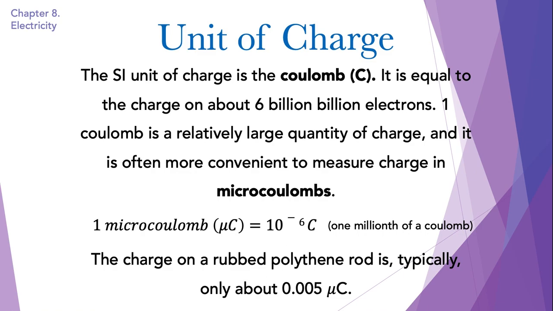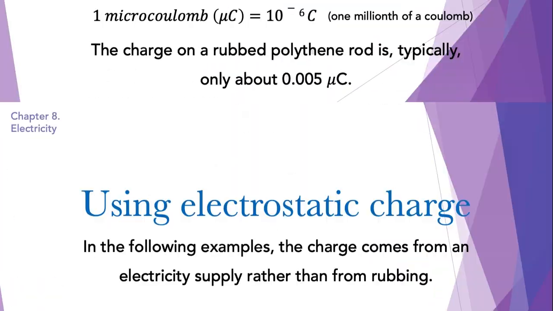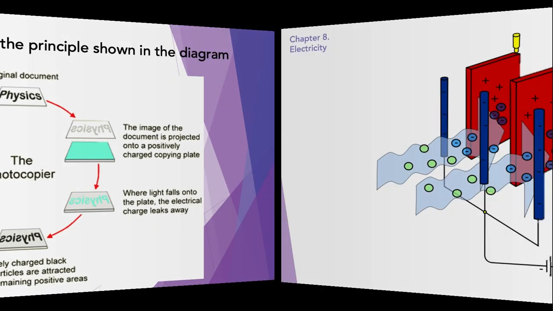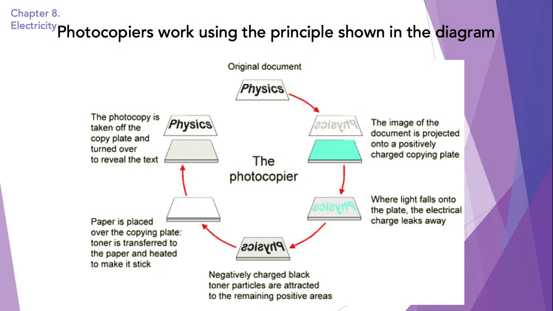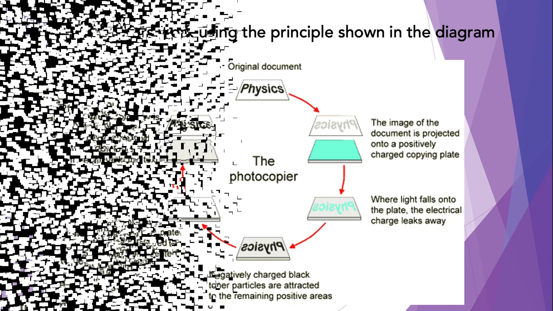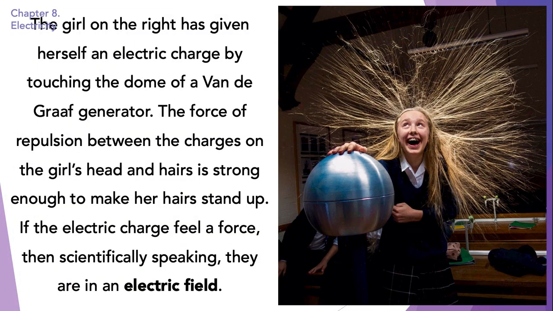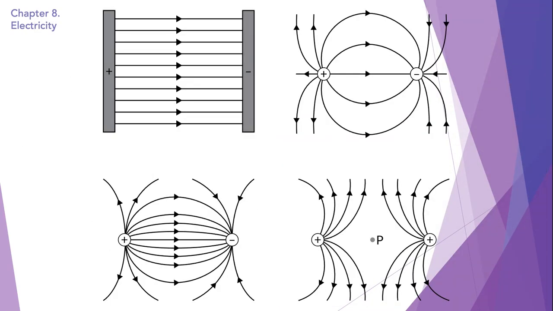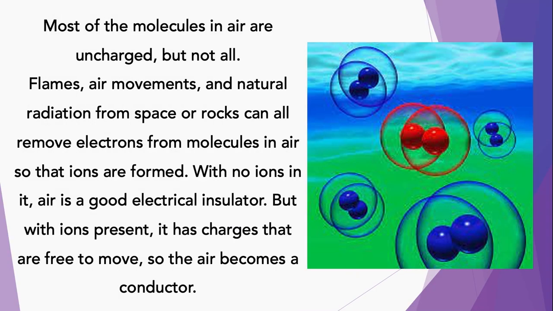how we use electrostatic charge in different devices like the electrostatic precipitator, the photocopier, and the laser printers in the same way as a photocopier. We understood electric fields, the electric field patterns, ions, what ions are.